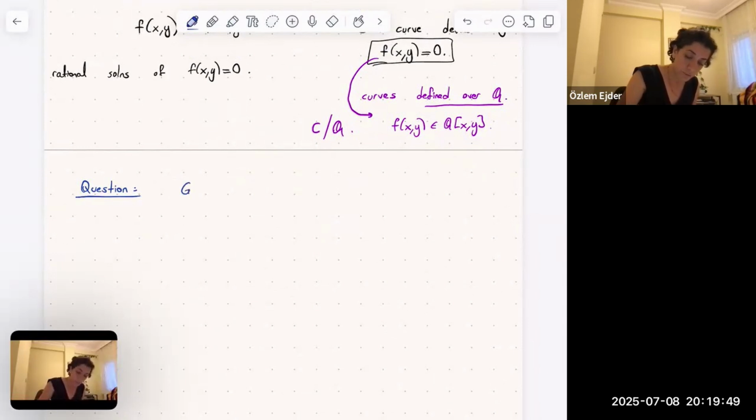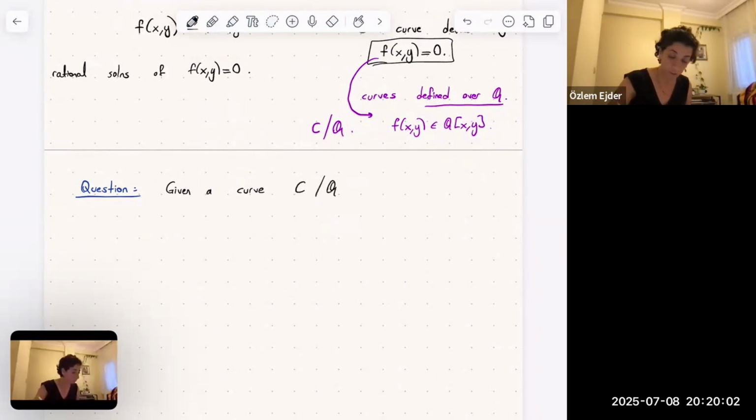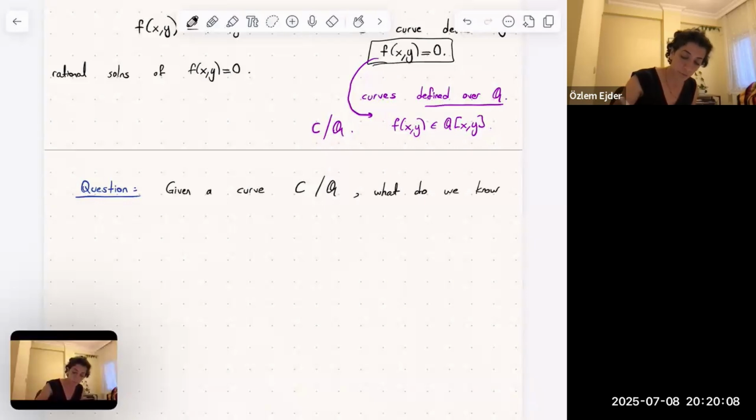Given a curve C defined over Q, what do we know about the rational points? What can we say?